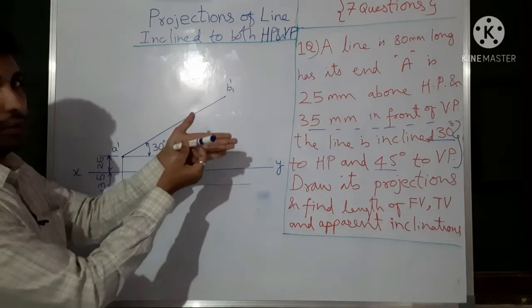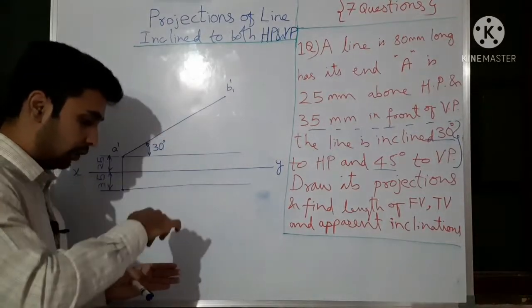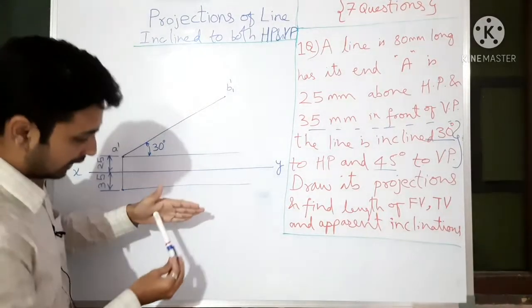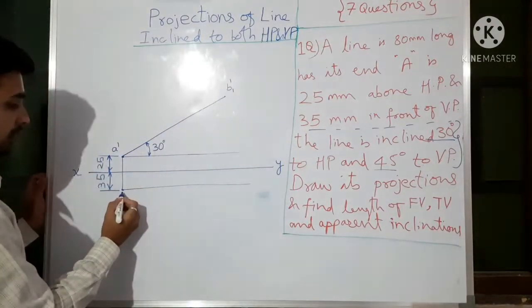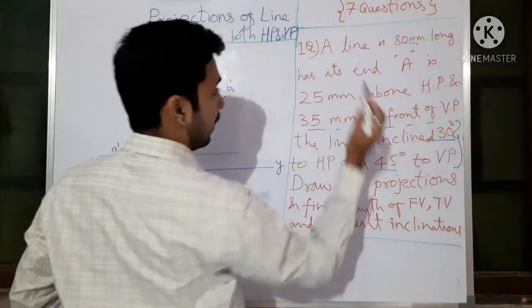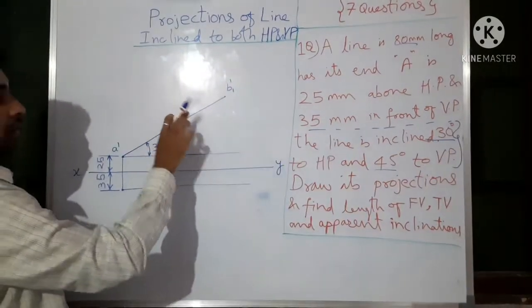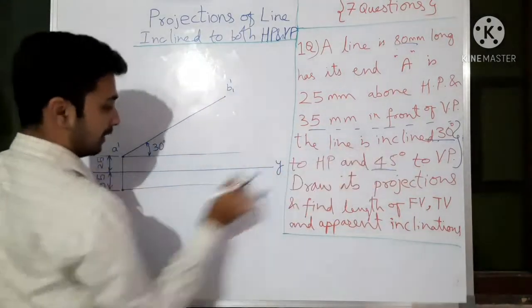Okay, this you cannot see from the front. This inclination will be visible from the top. So if we rotate like this, then that inclination will be 45 below the XY line. Same 80 mm long line at 30 degree we have drawn here, 80 mm long line at 45 degree we will draw here. It is with respect to VP, that is why it is down.